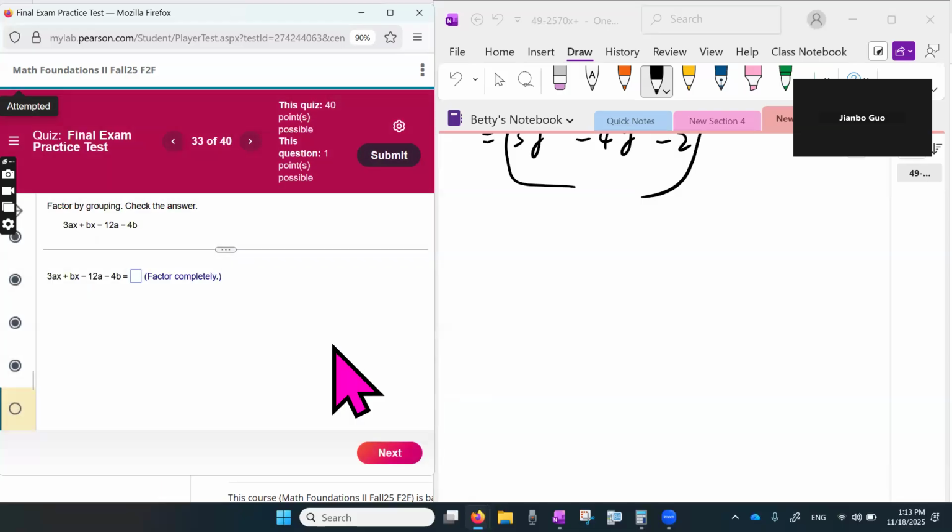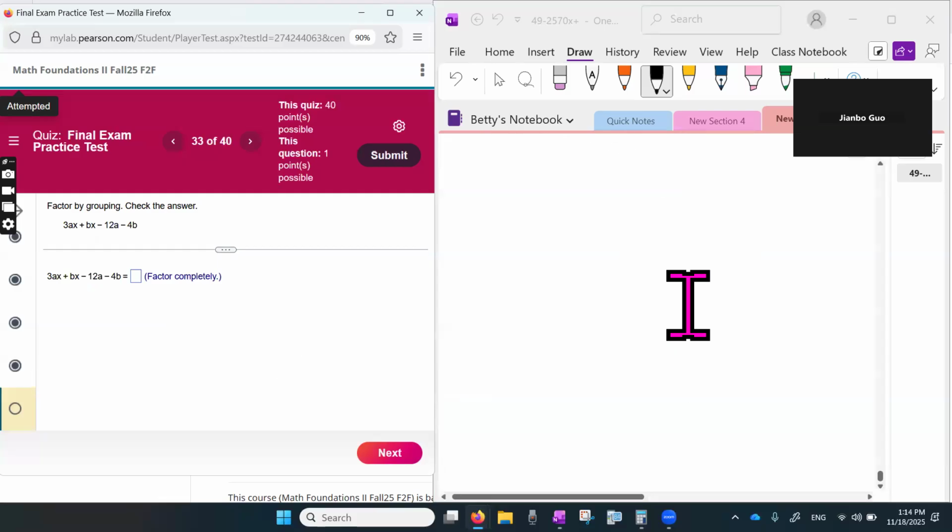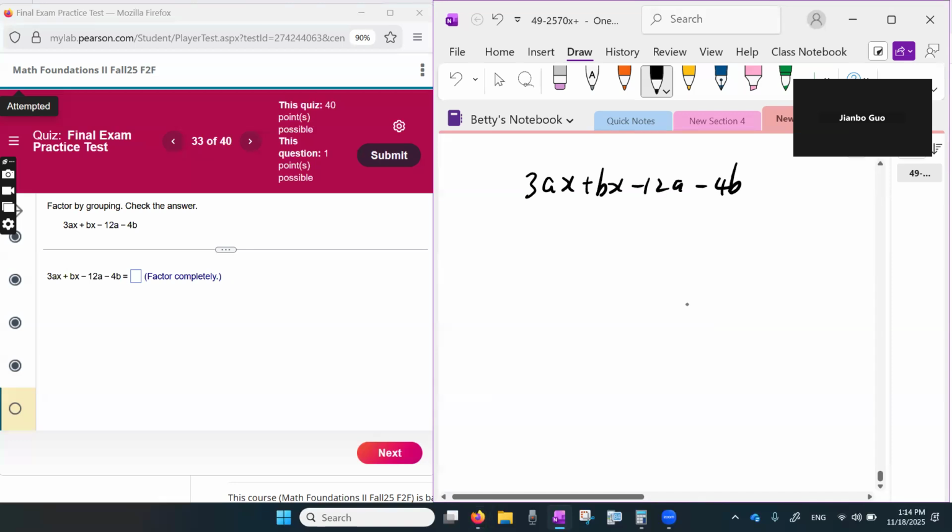Question number 33. This is a polynomial with 4 terms, and this one can be factored by using the grouping method. Let me write it down: 3ax plus bx minus 12a minus 4b. There are signs that tell you if a polynomial is factorable or not. We can do the first 2 and the last 2.